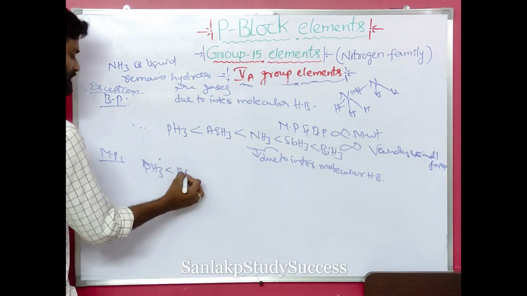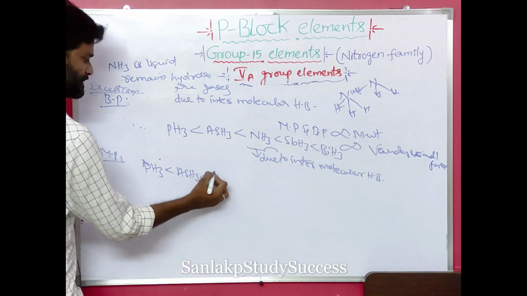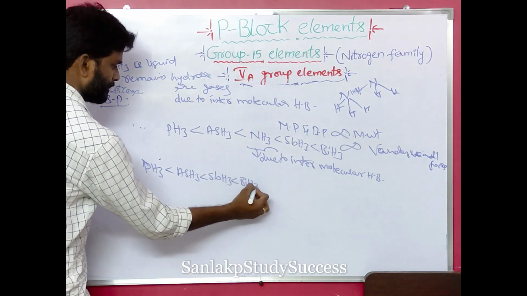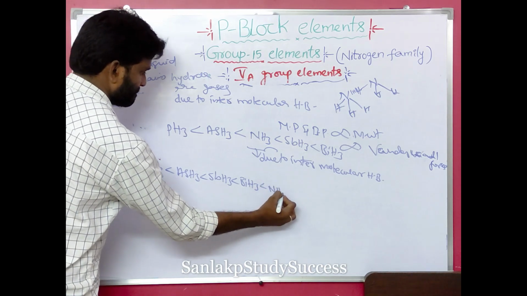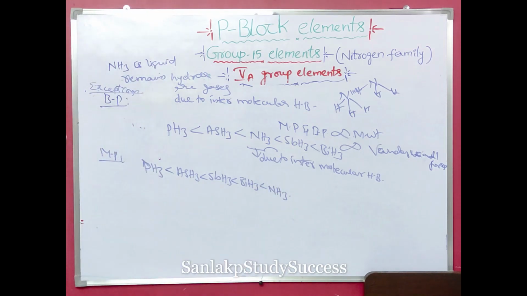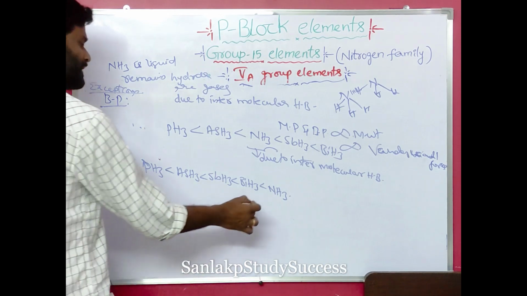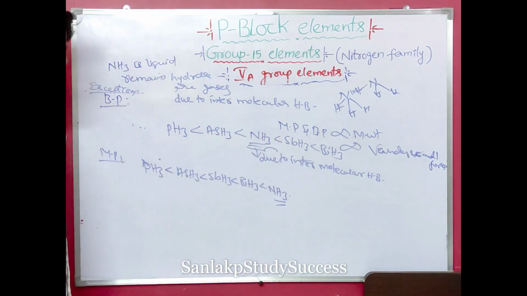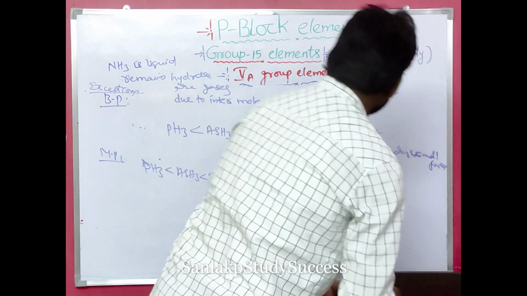PH3, AsH3, SbH3 and BiH3, finally NH3. So this is the order. So there is irregularity here, right. These are the boiling points.